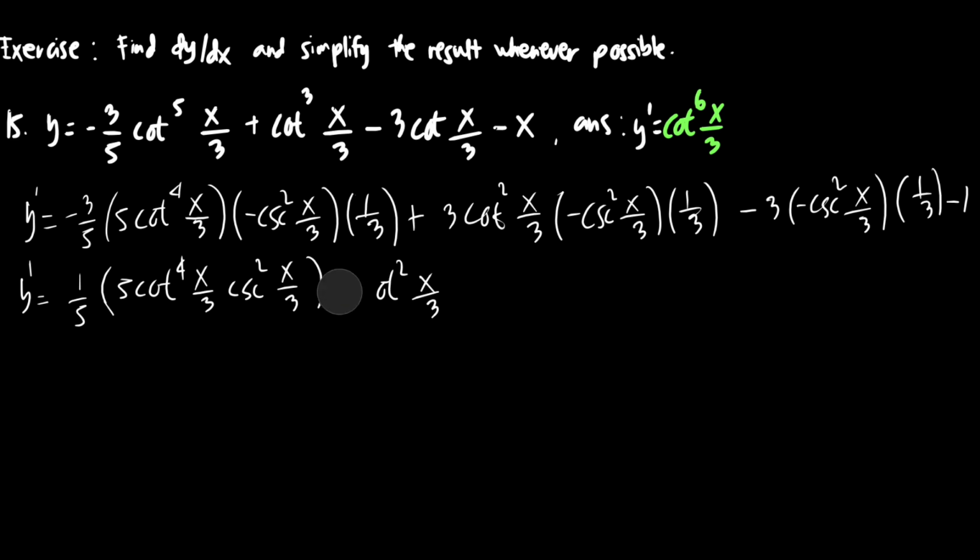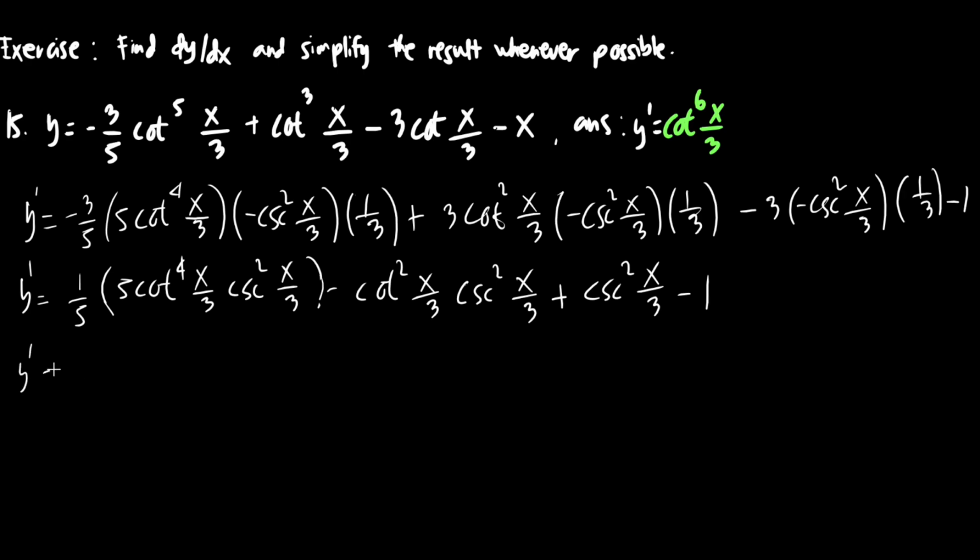So minus. It is minus cotangent squared, so 3 times 1/3 is 1, cosecant squared x over 3. Minus times minus is positive, so 3 times 1/3 is 1, and then just copy cosecant squared x over 3, minus 1.